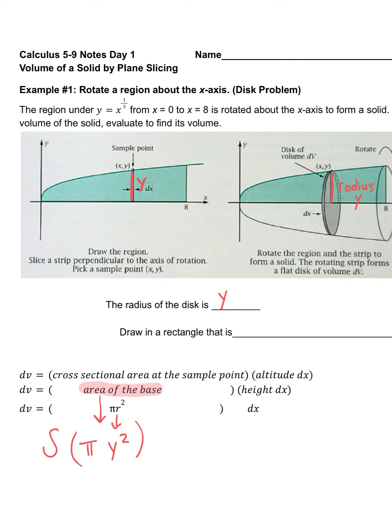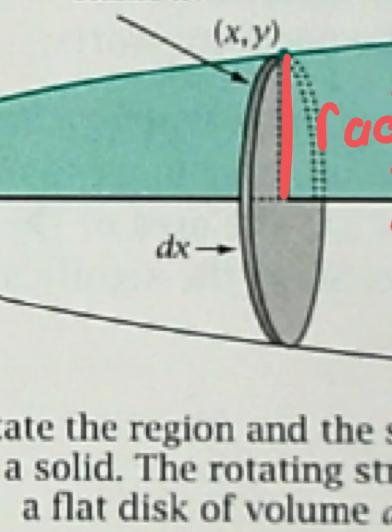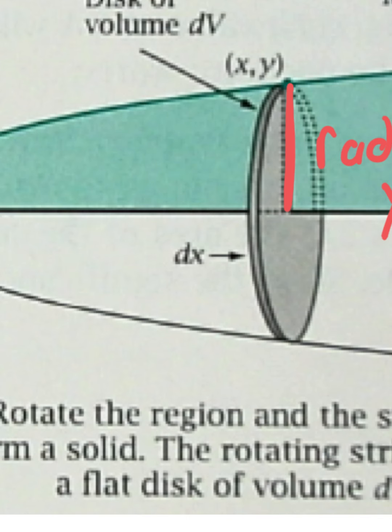Now, the height is the thickness of the disk. I'm going to try to show you that right here. Remember, the height is always the distance between the bases. The distance between the circles on that disk is right here. That is the height. Because the bases of a disk are circles, the height is the distance between the circles.